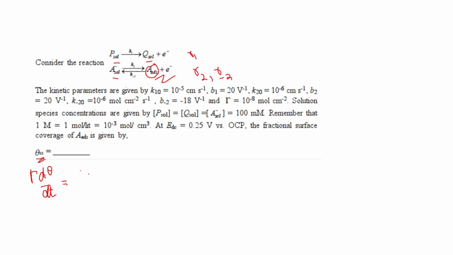Someone tell me K1. Gamma d theta by dt equals, someone was telling me in terms of K1, 1 minus theta, etc. You can tell, no problem. Anyone, please go ahead.